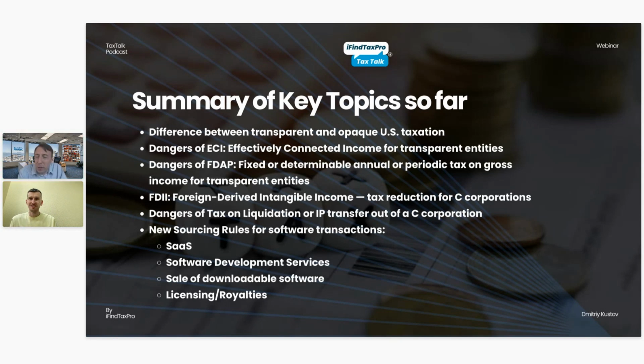I thought about putting it in the slides, but we need to be aware that research and development expenses in the United States are not deductible. That's one of the huge minuses for a C corporation. Foreign research has to be amortized over 15 years.